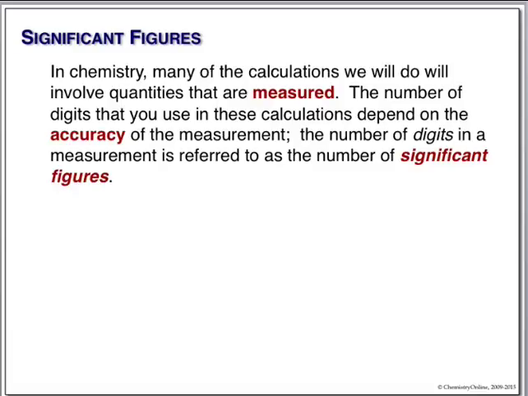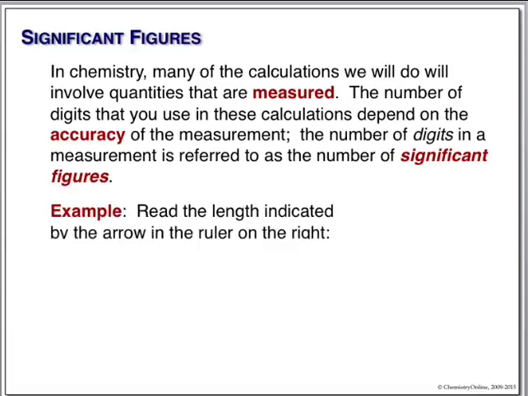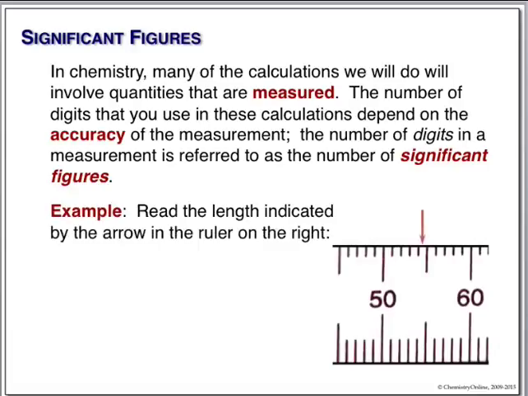Let's do a simple experiment here. What if I gave you a ruler and a little arrow, and I said your entire grade in this class depends on giving me the proper measurement for where that arrow is pointing? That would make it too easy, wouldn't it?